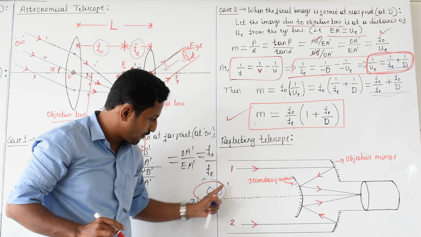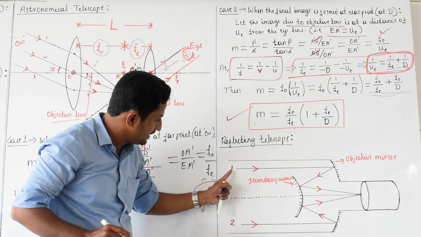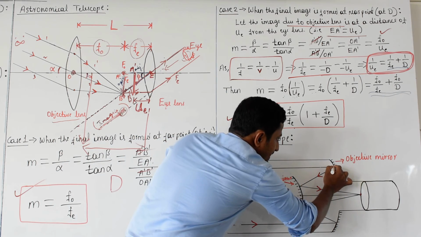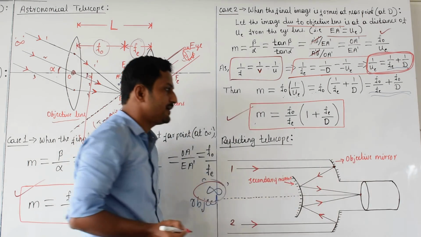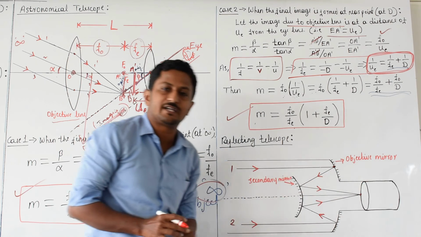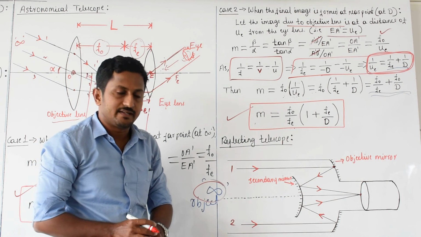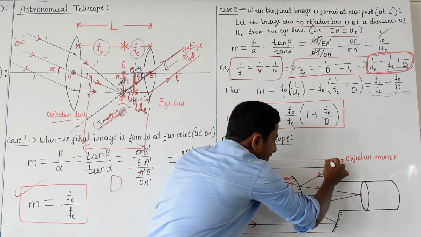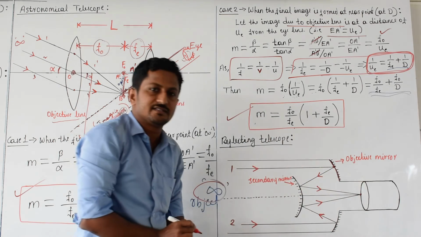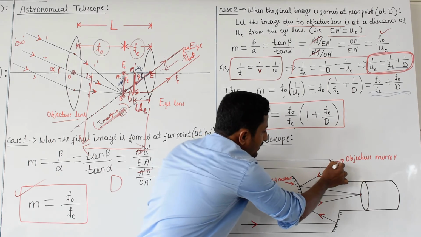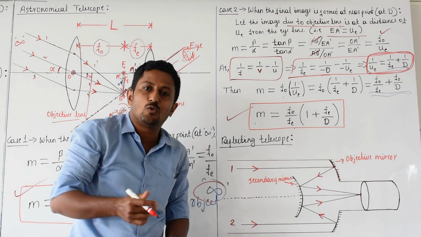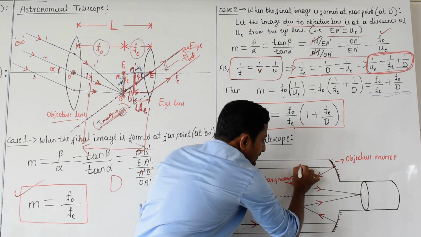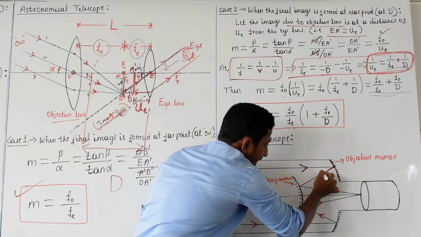This light from that infinite body is coming and is going to be incident on that mirror which we call the objective mirror. Okay? When it is incident on this reflecting surface, that light ray is reflected by obeying the laws of reflection. It bounced back.